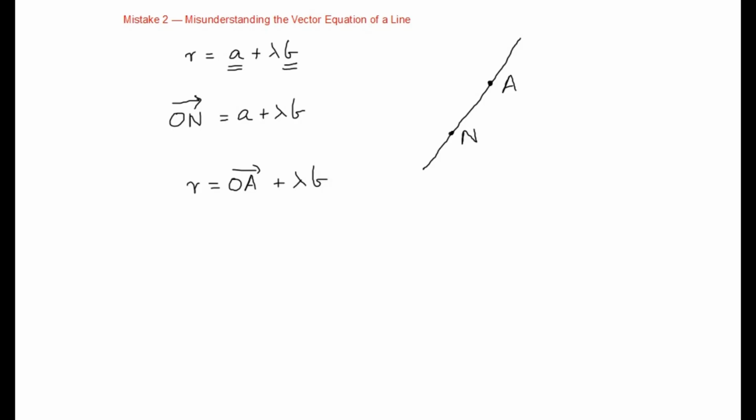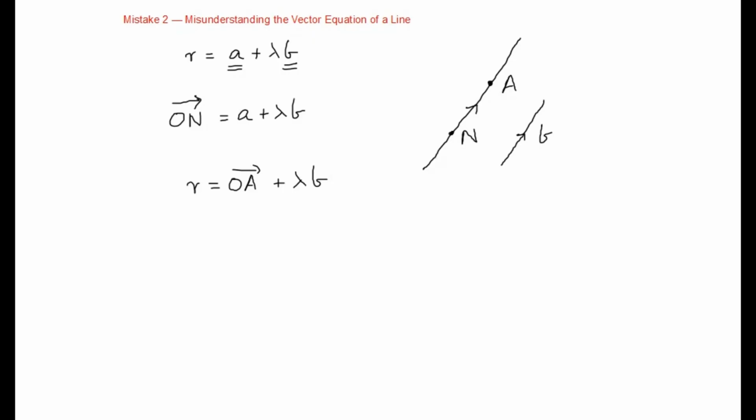So what is b? b represents a vector parallel to your line. So if you have a line, the line whose vector equation is given to us, I'm marking an arrow on it. So if you have a vector parallel to it, that vector b is what you see here in this standard vector equation of a line.